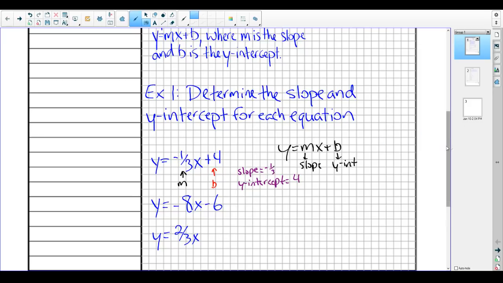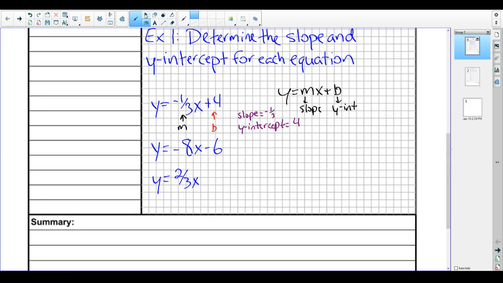Okay, for second example, y equals negative 8x minus 6. So we throw some more negative signs in here. That's okay. The slope is just what's being multiplied by x. In this case it is negative 8. So we can say slope m equals negative 8.